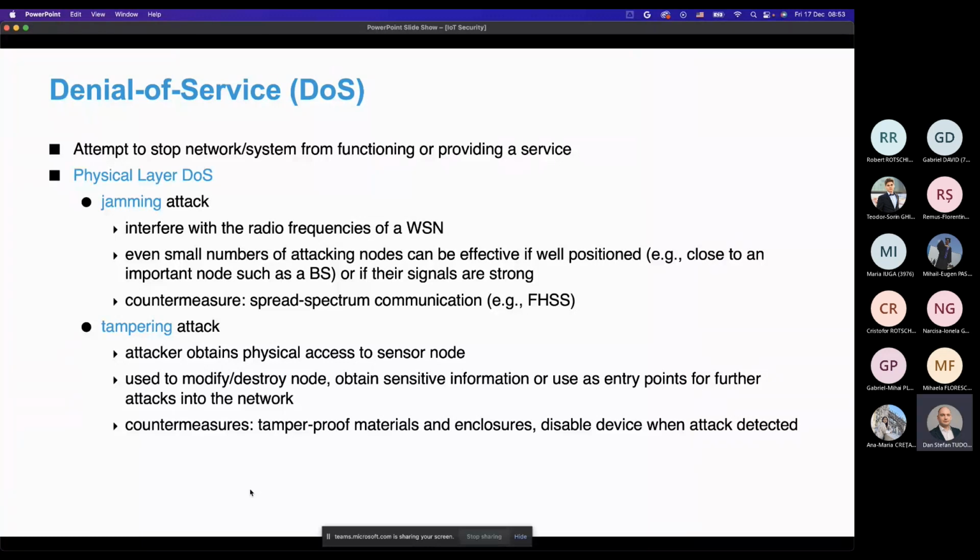A technique often used in systems handling sensitive information, so for example, credit card payment terminals, is to erase all data whenever, let's say, a sensor within the device detects it's been tampered with. So, for example, you can have these card payment terminals which are enclosed in a light-proof case.